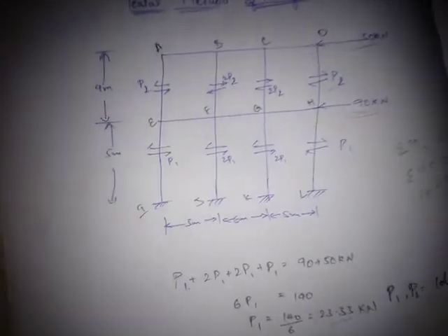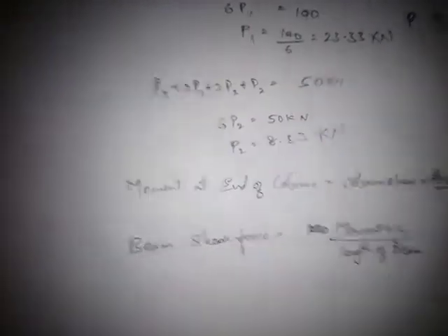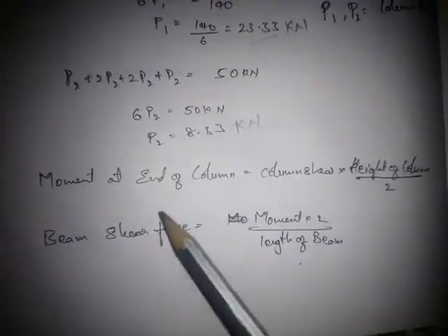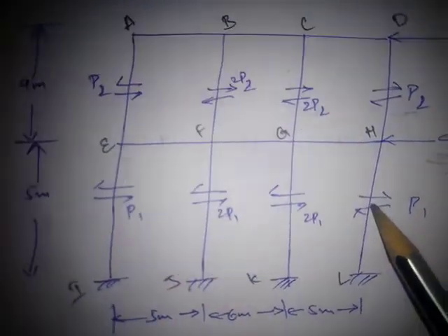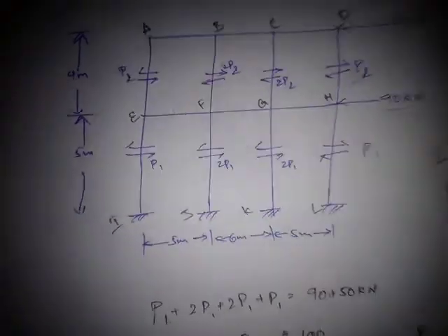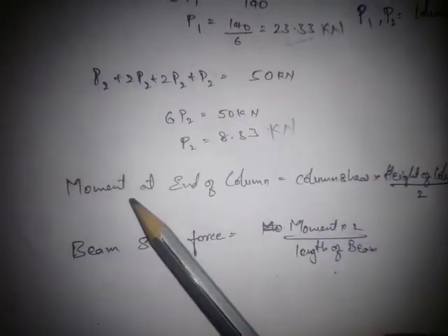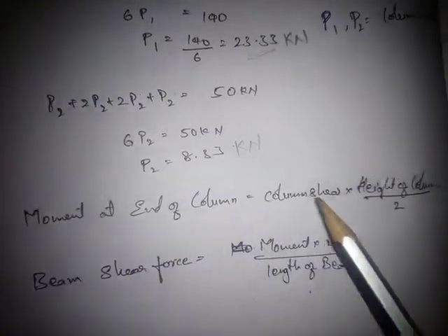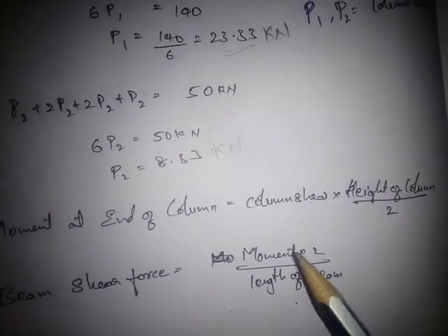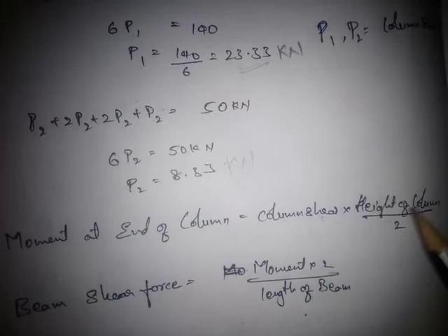Now we are supposed to calculate the moments. To calculate the moments there are two formulas. We consider the loads acting at the center, since the column shear is developed at the center. So the moment at the center of the column is the column shear into h by 2, and for beams, w into l by 2.